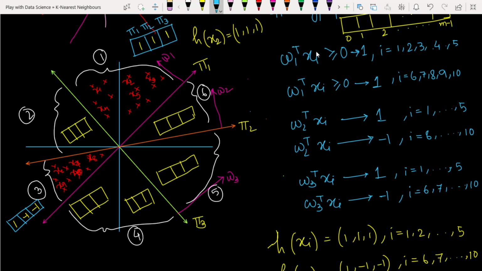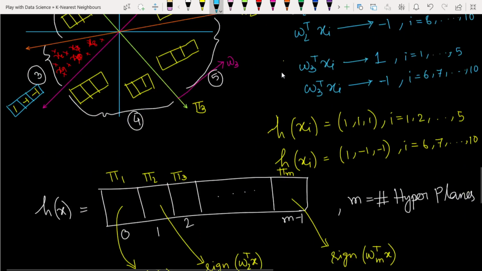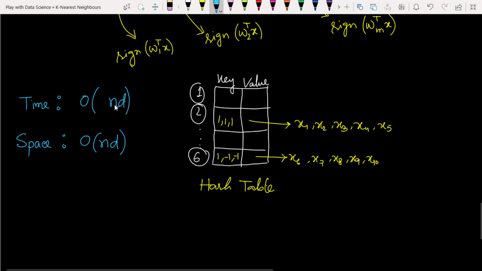To compute each data point we have to multiply d number of times, and for n number of points. So for each hyperplane we need time nd, and for m hyperplanes, the total time taken will be mnd.